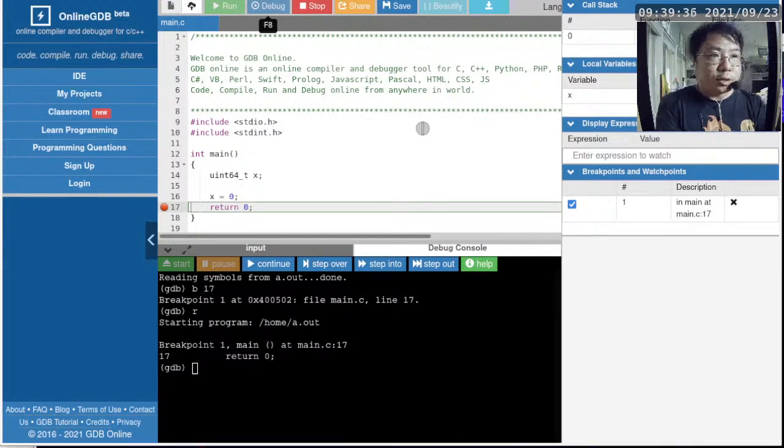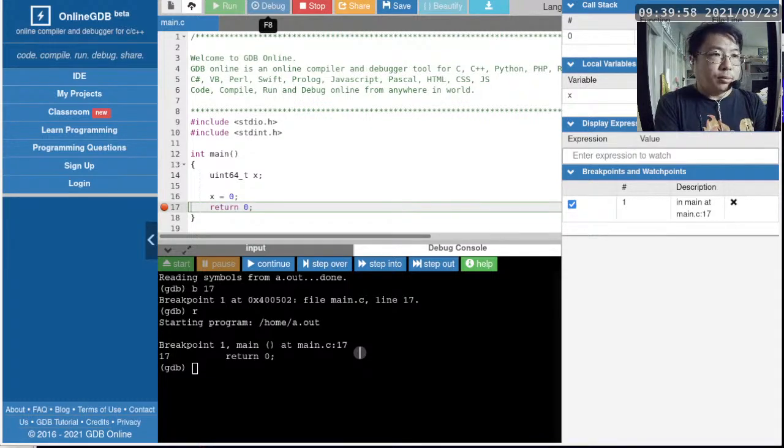I'm not sure whether Replit is going to work or not. It depends on whether it has a debugger. If Replit has GDB, then yes, what I'm going to do here, you can also do it over there. But on the other hand, if it doesn't have GDB, or at least the exposure of the command line portion of GDB, then what I'm going to do here is not going to work on Replit.